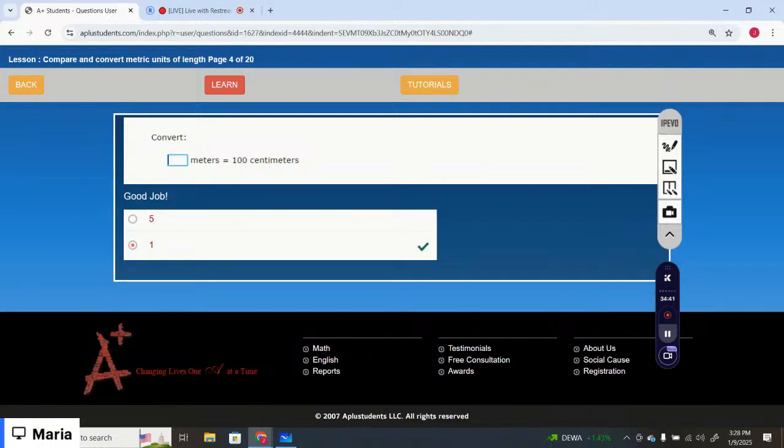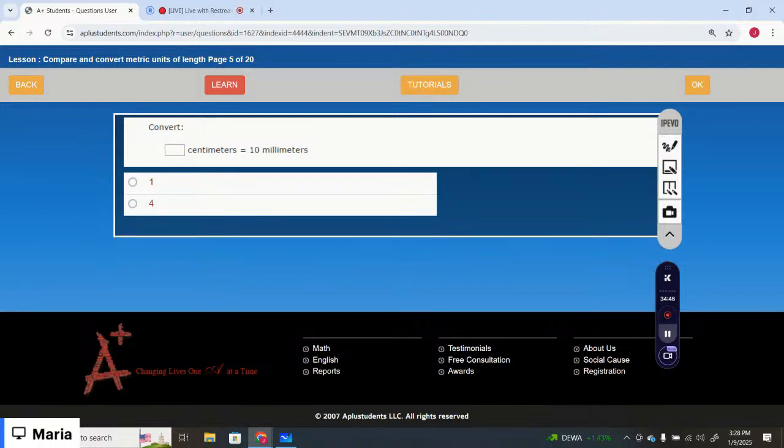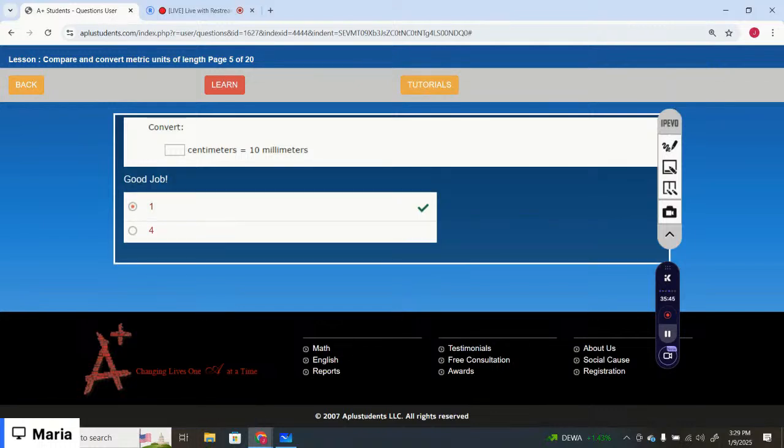The correct option is option number 2. 10 millimeters equal how many centimeters? 1 centimeter equals 10 millimeters.